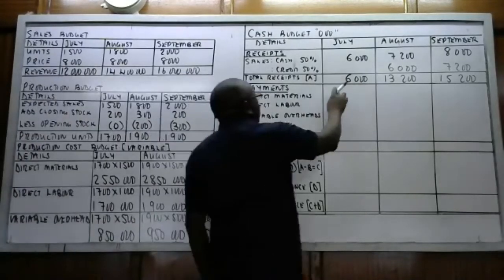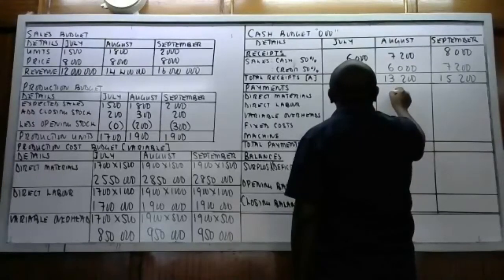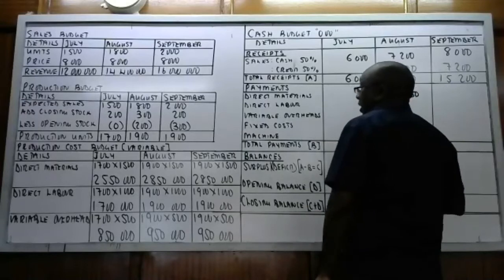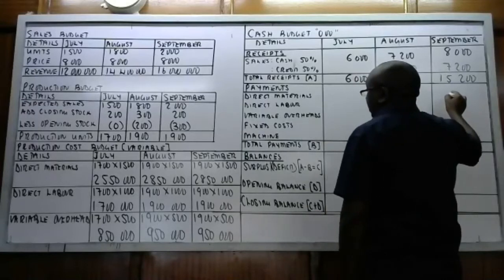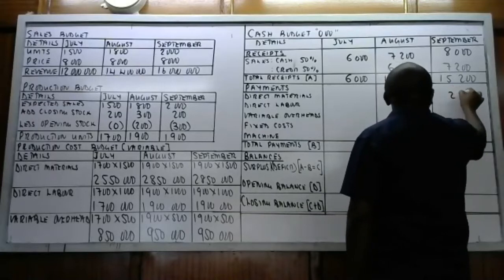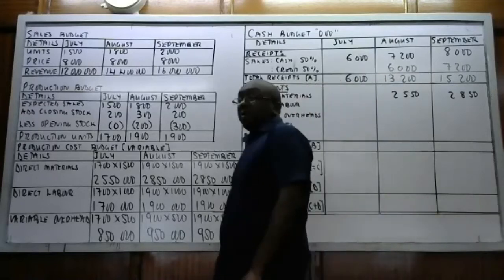So hapa July hakuna kitu tunalipa, lakini August tunalipa 2,550, na September tunalipa hii ya August 2,850, because tumepewa deni ya 1 month.